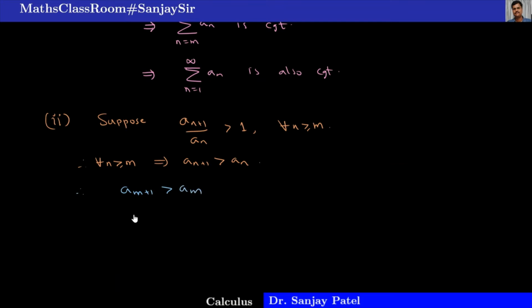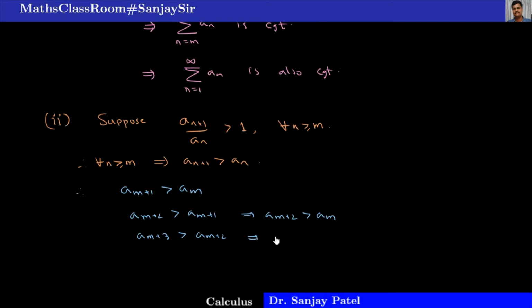Then for n equal to m plus 1, am plus 2 is greater than am plus 1. And for n equal to m plus 2, we get am plus 3 is greater than am plus 2. So this gives us am plus 2 is greater than am, because am plus 1 is greater than am. Same way, am plus 3 is greater than am plus 2, and am plus 2 is greater than am.